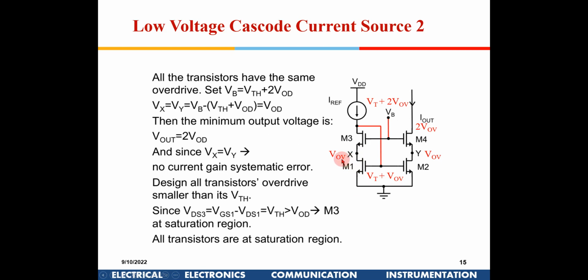Why is X VOV? Because M1 is in the saturation region, right? It's at the edge of saturation, where I can have VDS equal to VOV. Is that aspect clear to all of you?